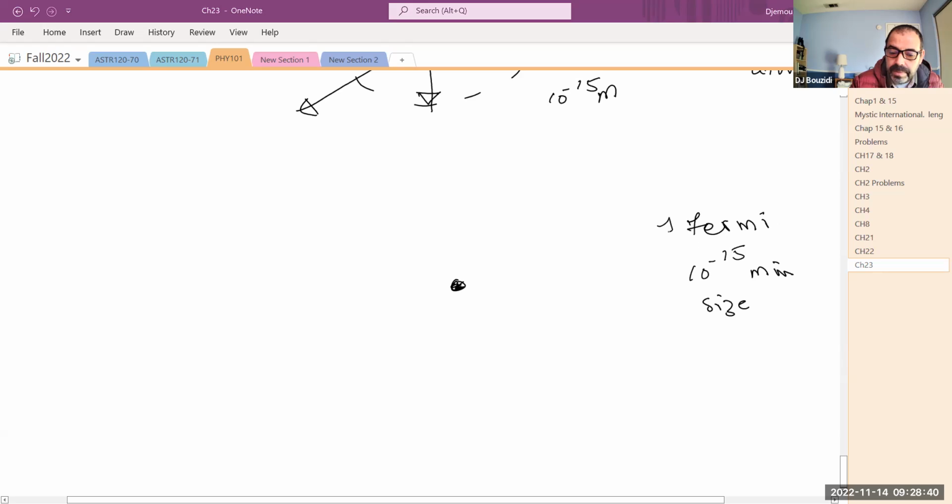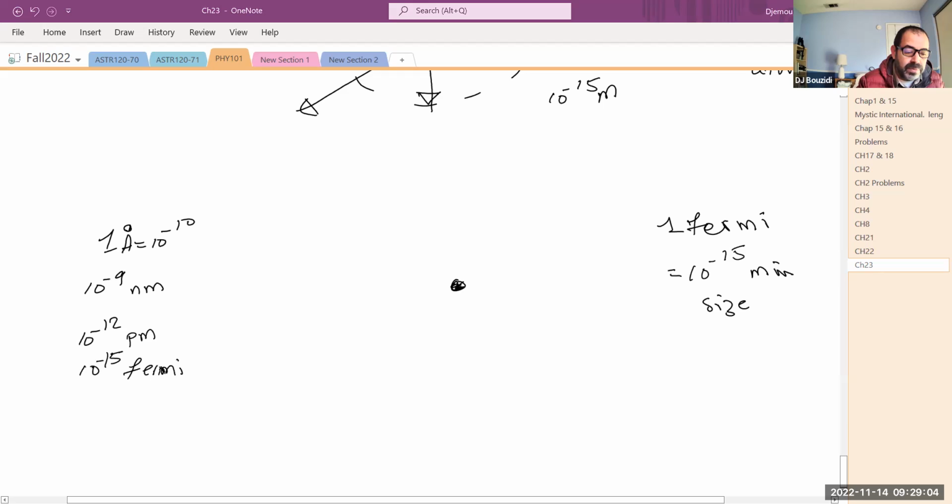So a Fermi is equal to 10 to the negative 15 meters, remember I said an angstrom is equal to 10 to the negative 10 meters. Those are not common units. Of course, the common unit is 10 to the negative 9, a nanometer. 10 to the negative 12 is a picometer, but 10 to the negative 15 now has a name. It's called a Fermi, in honor of Mr. Fermi, who did a lot of work in nuclear physics.